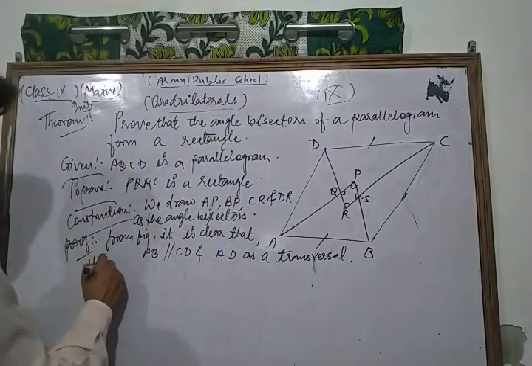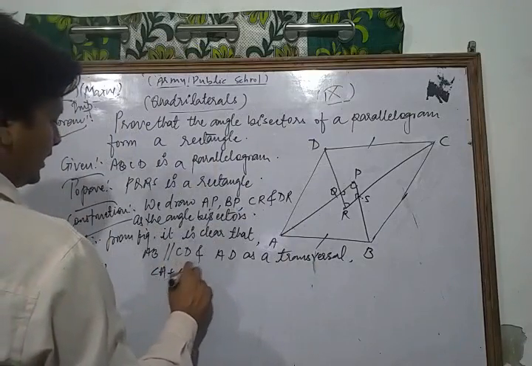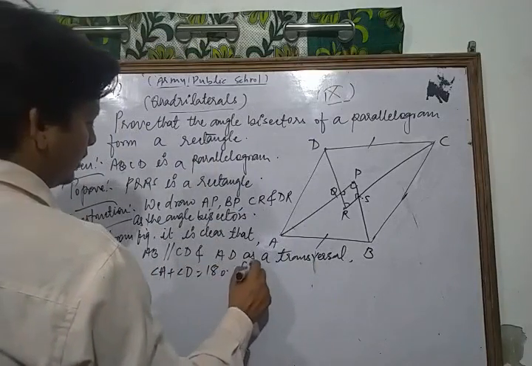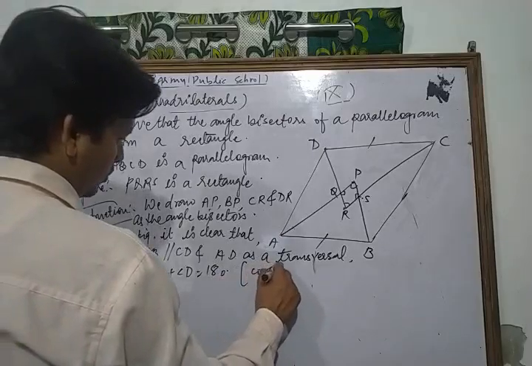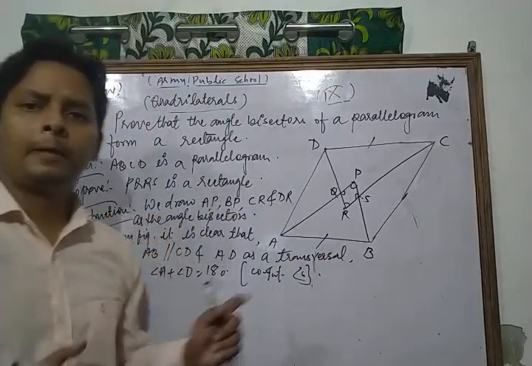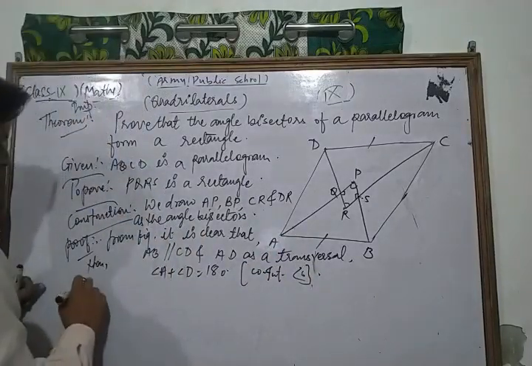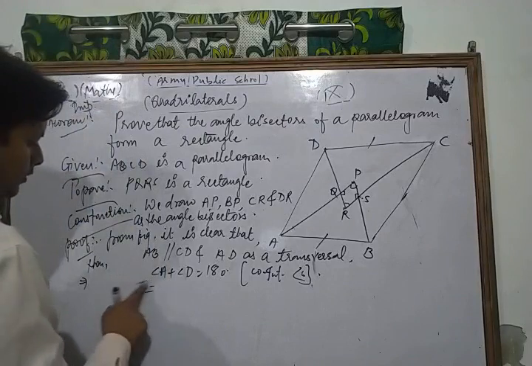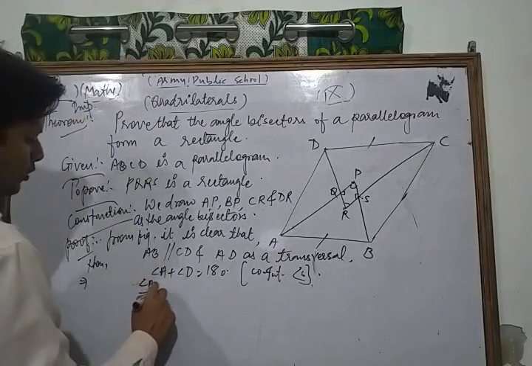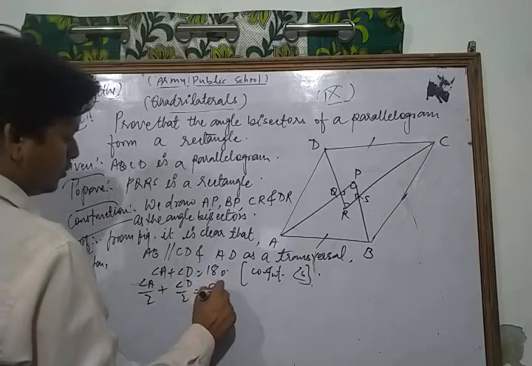Then the sum of angle A and angle D, angle A plus angle D, is 180 degrees, because these are co-interior angles. Now we divide both sides by 2, so angle A by 2 plus angle D by 2 is equal to 90.